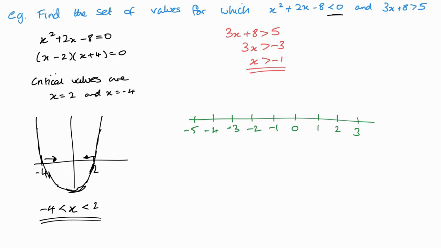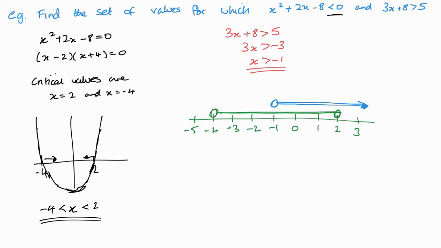So I've got one set which is between -4 and 2, like so, and I've got the other one which is greater than -1, and that obviously goes on forever.